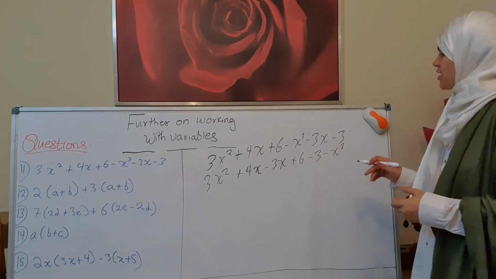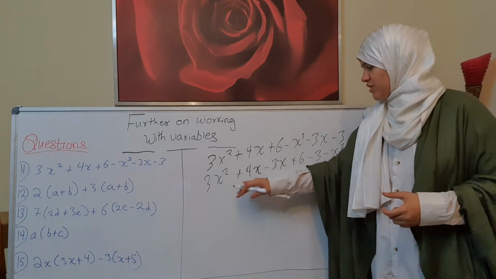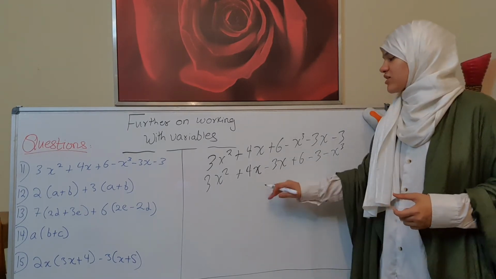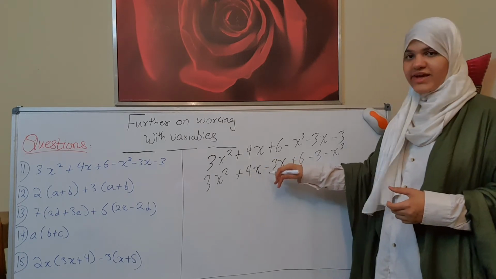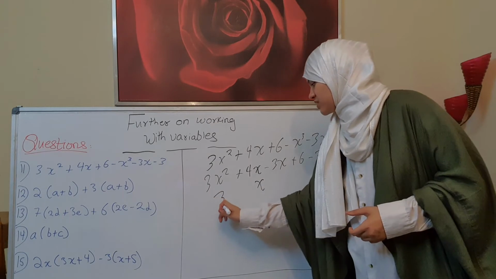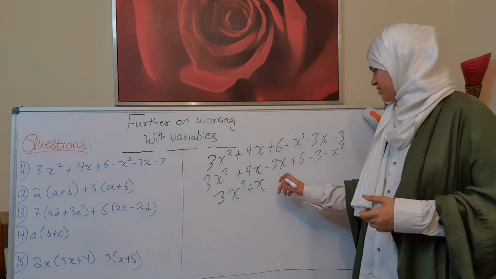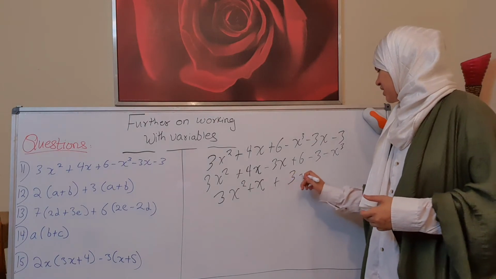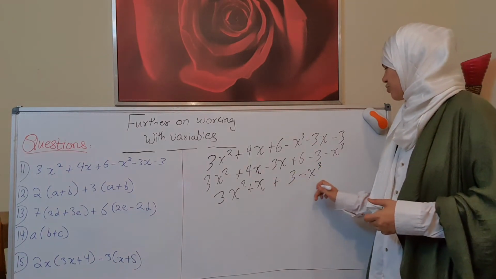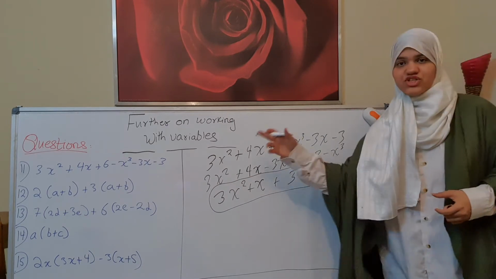Now, what we'll do? 3x squared plus 4x minus 3x. Here 4x minus 3x will be 1x. So that means here x, and here as it is, 3x squared plus 1x plus 3 minus x cubed. And this is the final answer for question number 11.